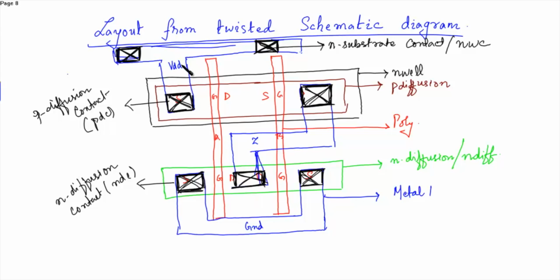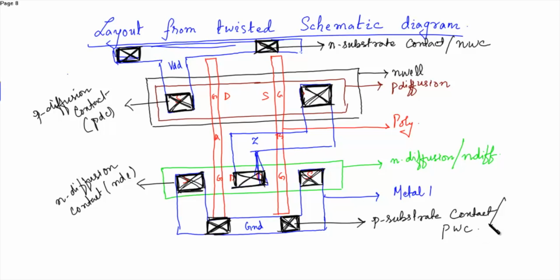Similarly, this is placed in the VDD, and here in the ground, place the P substrate contact, or write it as P-well contact.